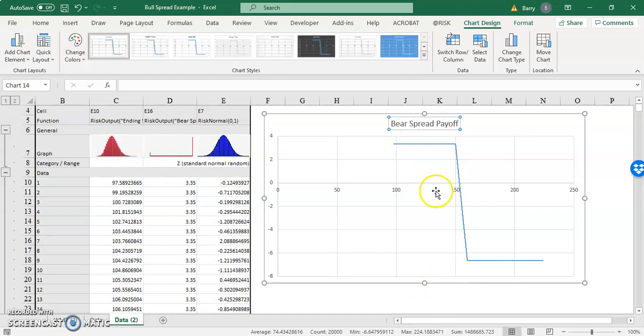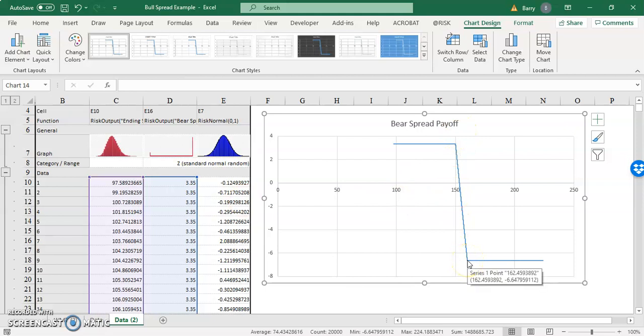What we see here is that if the stock price on January 21st is below 150, then we're going to earn the $3.35 payoff. That's the difference between the prices of the options. If the stock price goes above 160, the strike price of the second option, then we're going to lock in a loss that looks like somewhere between $6 and $7.